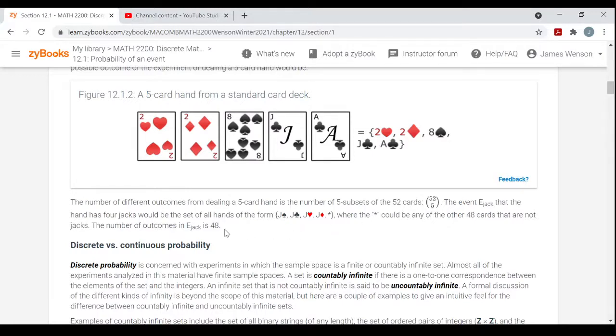So it'd be 48 divided by whatever 52 choose 5 is, some huge number. That would be a very tiny number, 48 divided by something huge. So the probability of getting dealt a 5-card hand with all 4 jacks is very, very small.